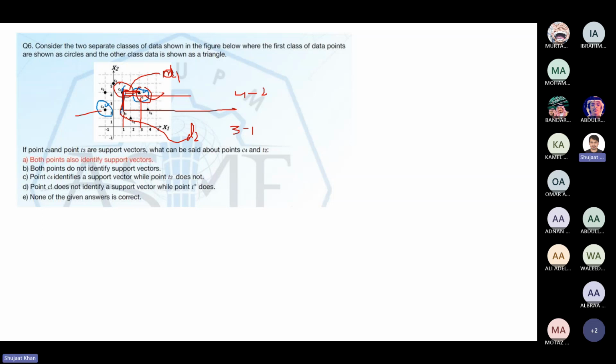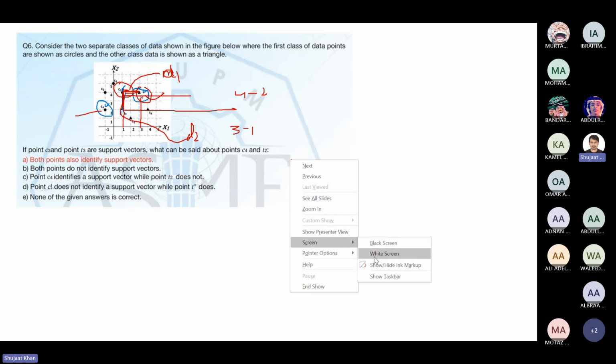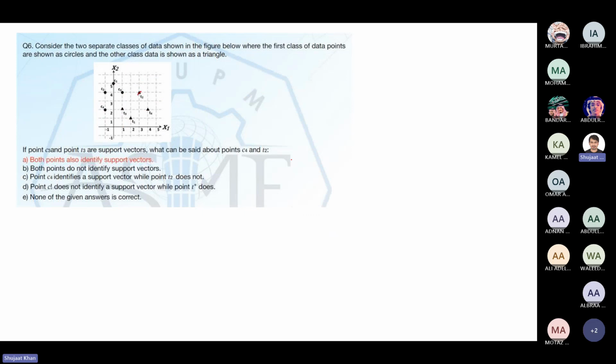They actually happen to lie in pair form. So this is why we can draw support vectors with the help of either these two, like this is one pair, this is another pair, or this is the pair.